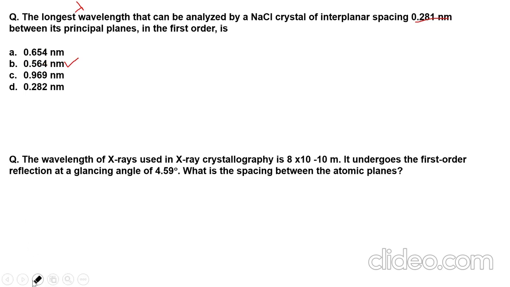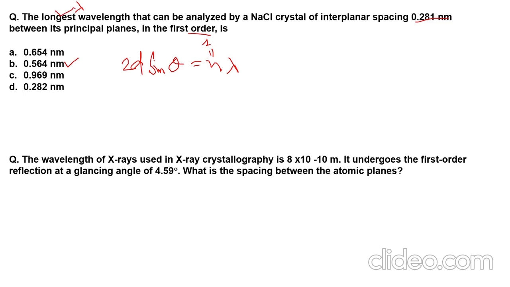We are saying that we have to determine the longest wavelength. First, Bragg's law says 2d sine theta is equal to n lambda, right? But it should be in the first order, so n is equal to 1. Now you have to find this lambda. You are given the value of d, and it should be the longest wavelength.